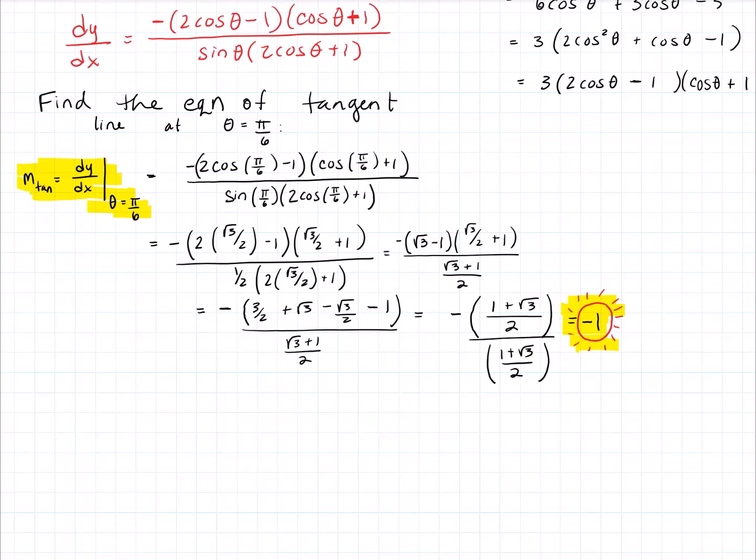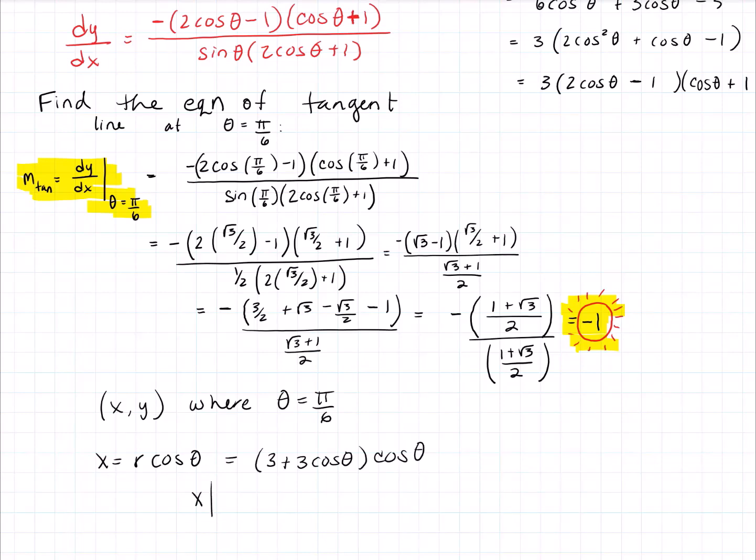If I wanted to find the equation of the tangent line, then I'd need to figure out the ordered pair, the xy point where theta equals pi over 6, and so we would do that by finding x is r cosine of theta, and r is 3 plus 3 cosine of theta times cosine of theta, and we would plug in pi over 6, and so x at pi over 6 would be equal to 3 plus 3 root 3 over 2 times root 3 over 2 and so on.